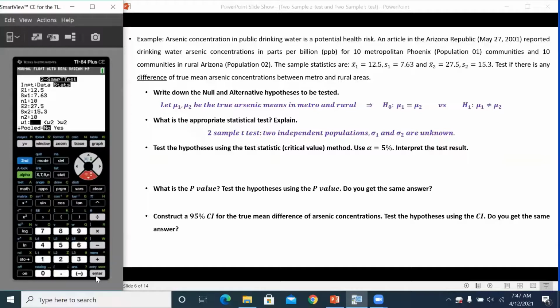And then the alternative hypothesis. This is a two-sided test of the form mu1 is not equal to mu2. Select that and then hit Enter.